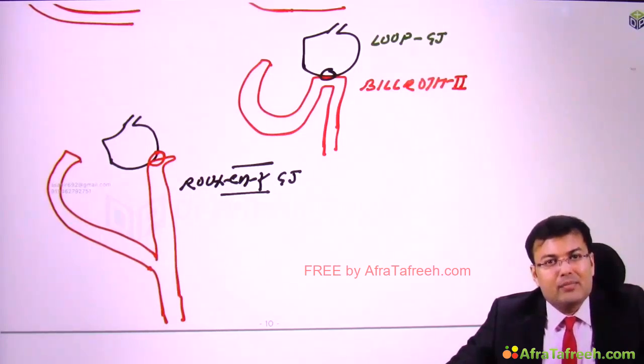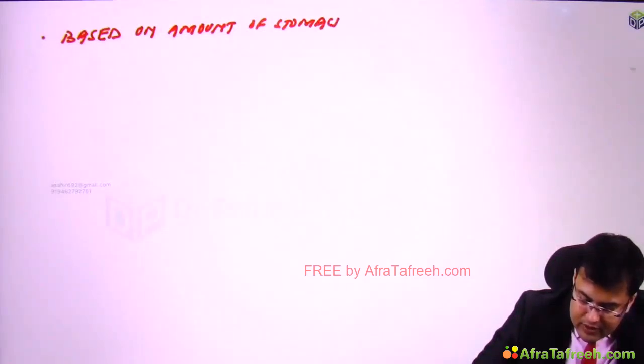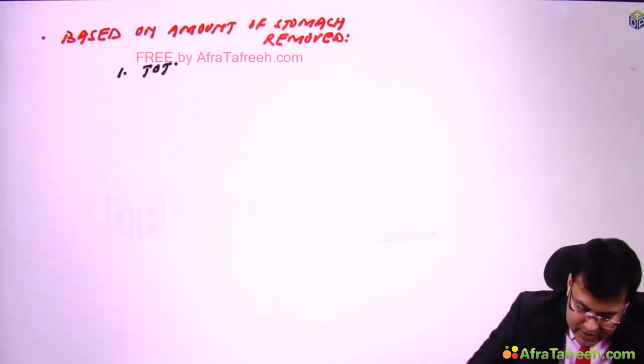Now see the methods based on the amount of stomach removed. Type of gastrectomy based on amount of stomach removed. Simple. Now first one is total gastrectomy.